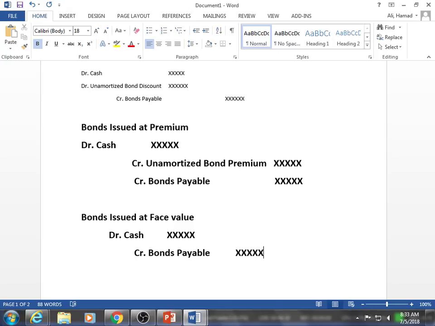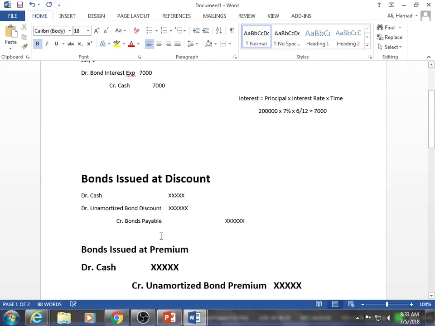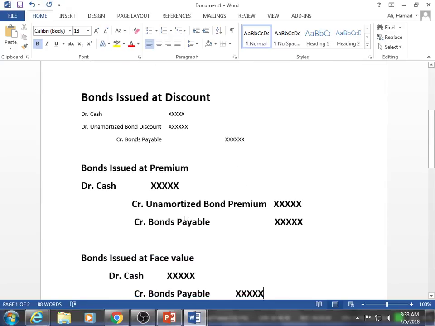These are the generic forms of journal entries. At a discount, you debit cash, debit unamortized bond discount, credit bonds payable. Bonds issued at a premium means we collect cash more than the face value, and we debit cash. Notice in all the situations we debit cash.